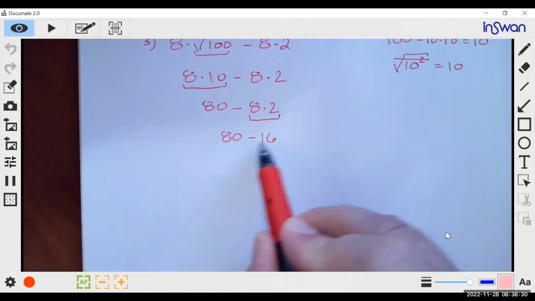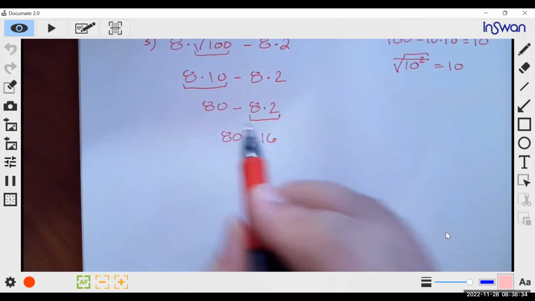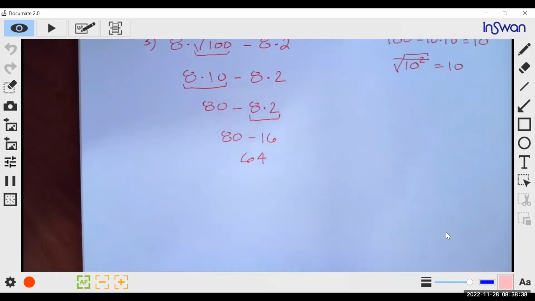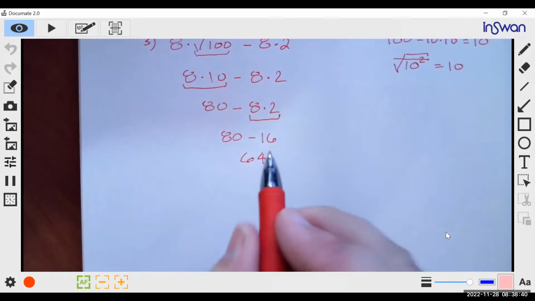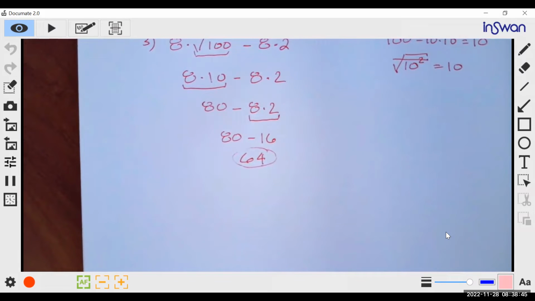No. Any multiplication division? No. Any addition subtractions? Yes. So 80 minus 16 is positive 64. And that's your answer. So that's using order of operations. Again, no matter what math class you ever take, it's the same rules.